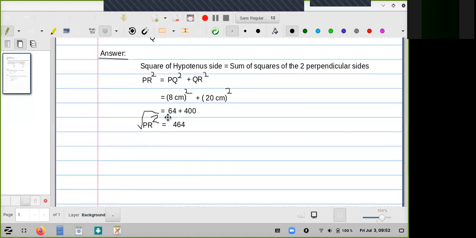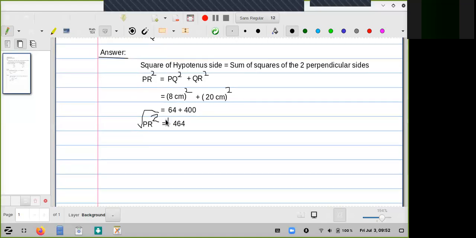It's either positive or negative. This must always be remembered. Whenever you are putting a square root on a number or on a value, we are always coming up with two answers.